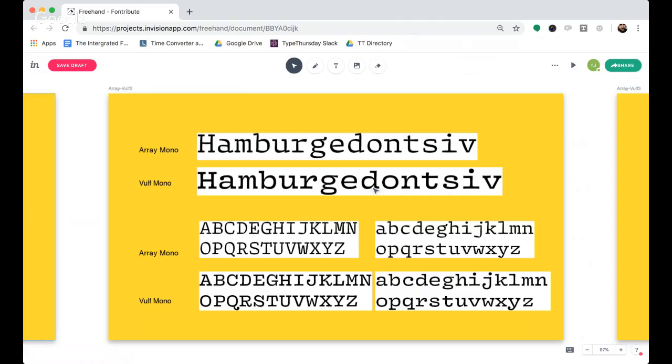And I really appreciate about Array, just from an initial run of it, how you could take a genre that seems very typical or has a lot of conventions you would normally expect and play off it by interjecting different principles or different ideas on top of the monospace requirements built into it.